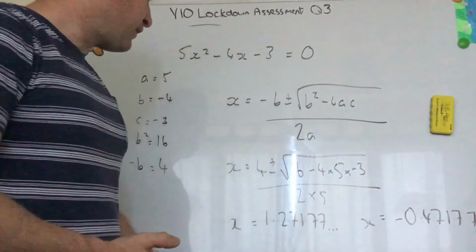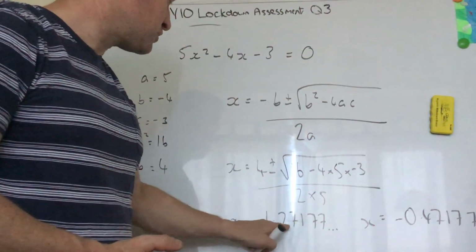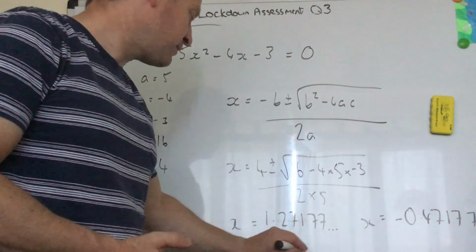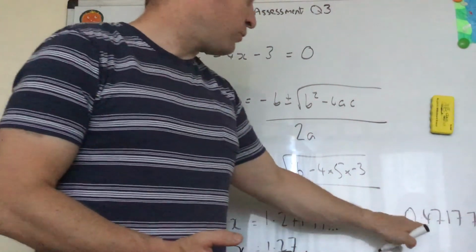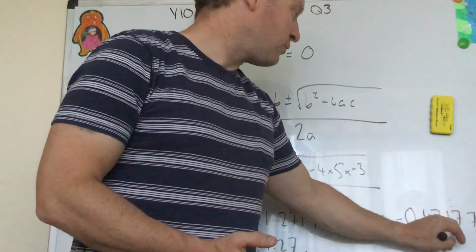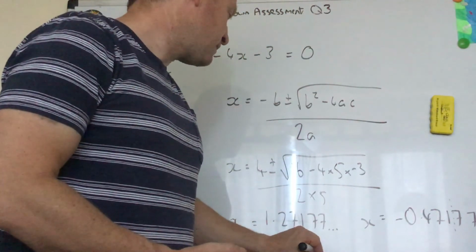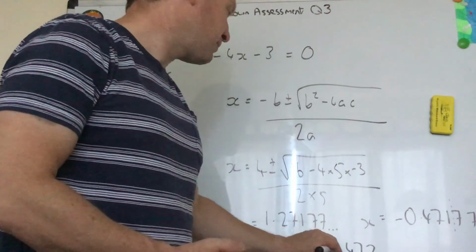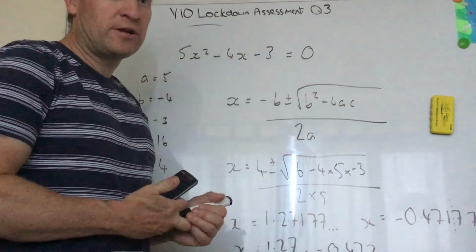It asks for 3 significant figures, so I'm rounding here, 1, 2, 3 after the 7. So I get x equals 1.27, and here I'm rounding 1, 2, 3 after the 1, so I get minus 0.472. Okay, that's question 3. Stay safe.